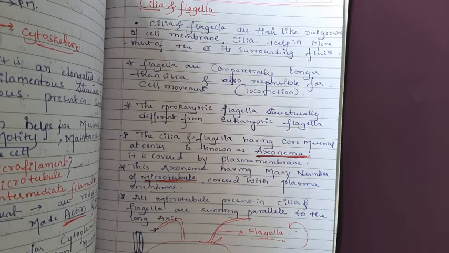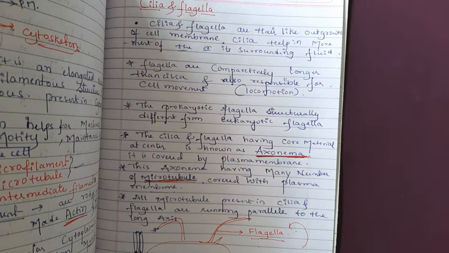Yesterday I told that cilia and flagella have a centrally located core material known as the axoneme. The axoneme is surrounded by the plasma membrane, and it has many microtubules covered with the plasma membrane. All the microtubules present in the cilia and flagella run parallel to each other.